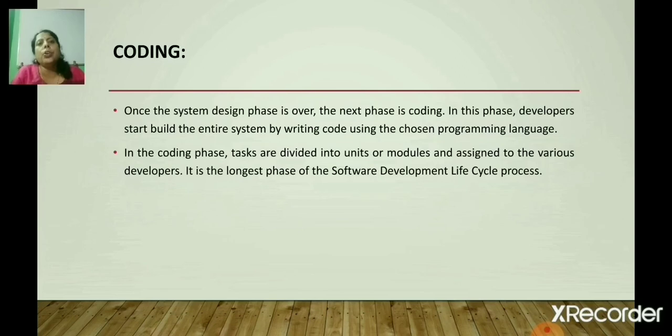It is the longest phase of the software development lifecycle process. Means all the programming is done by dividing into units and modules, and after writing the code the programmer should check and test by unit testing. After unit testing they are integrated to make a product.